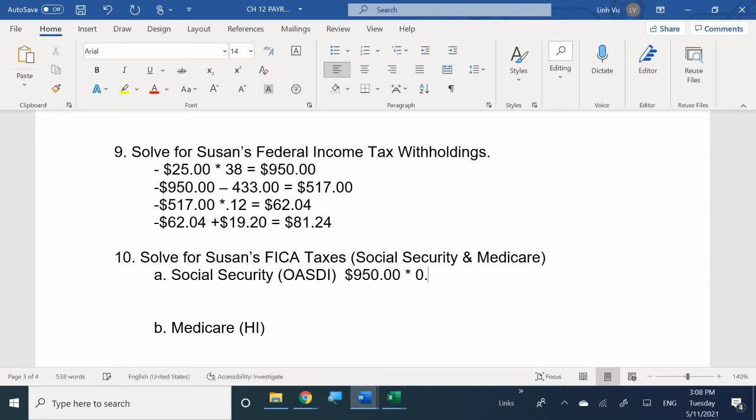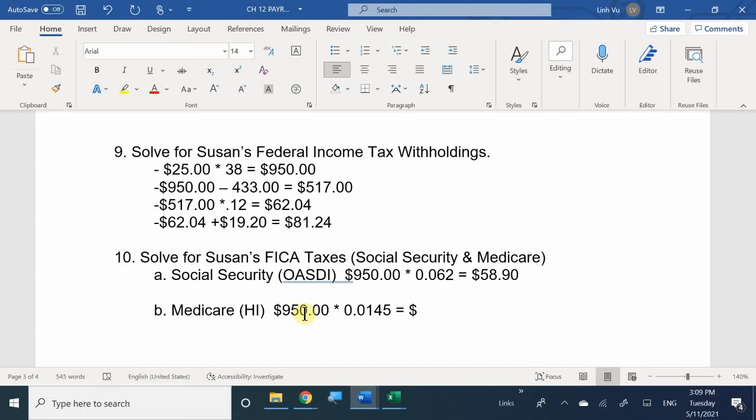950 times the 6.2%. 58.90. Okay. How much is the Medicare? 1.45%. $13.78.